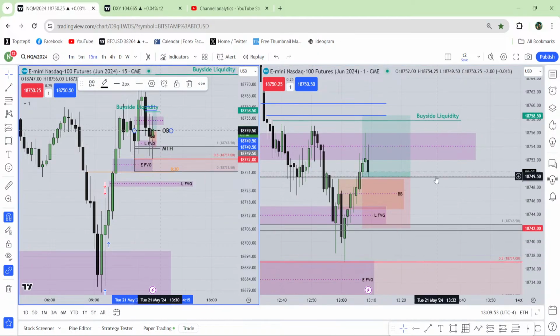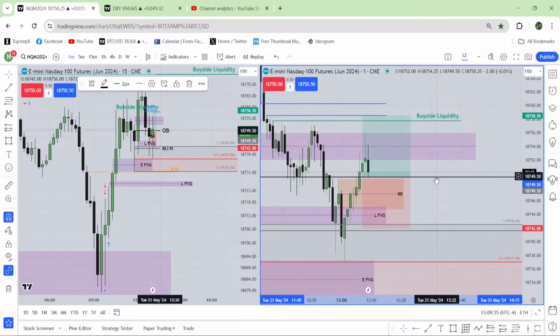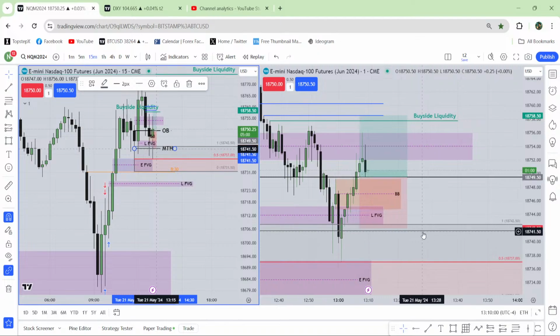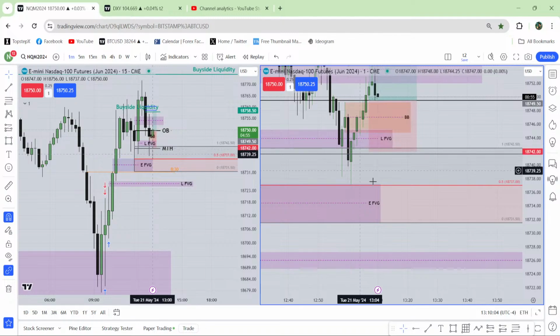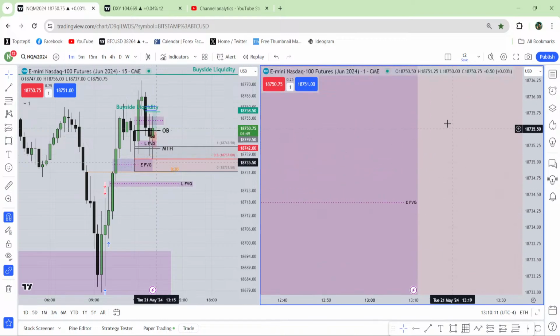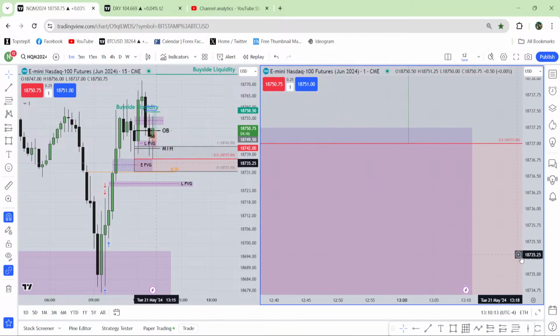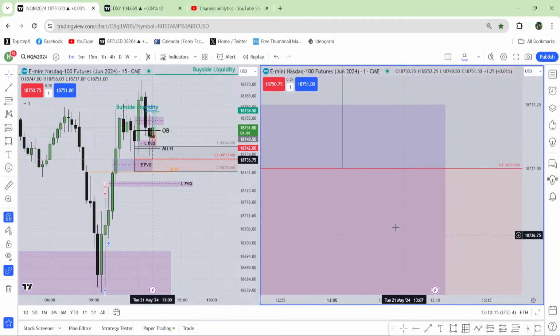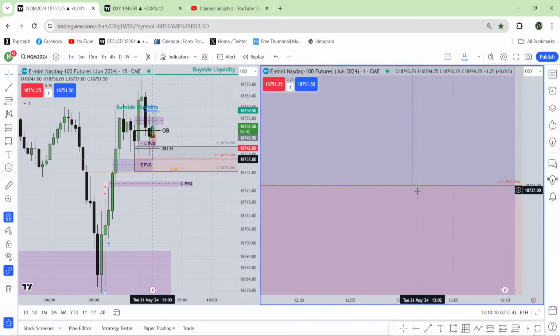Remember this line over here, this is the 15-minute order block, and this line over here is the mean threshold of that 15-minute order block. This is the weak 50% which has been traded. You can see over here. See there, the weak 50% from the 1-minute chart, it tapped to that 50% and went higher.